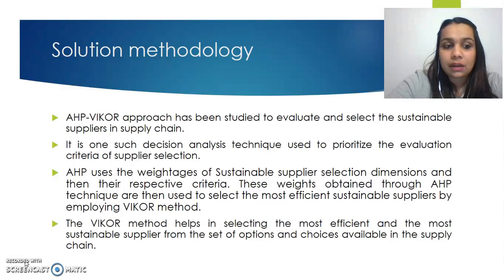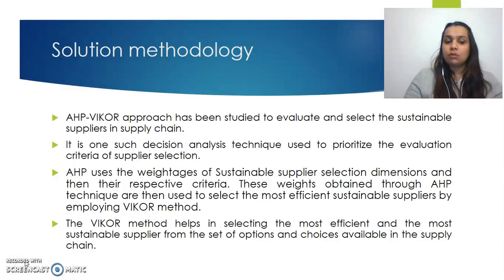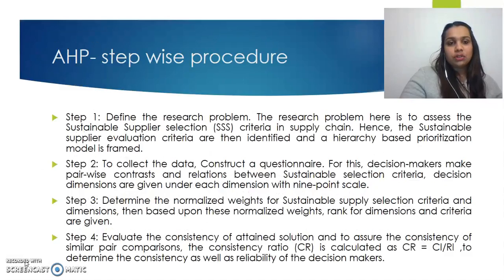These weights obtained through the AHP technique are then used to select the most efficient and the most sustainable supplier by employing the VIKOR method. The VIKOR method helps in selecting the most efficient and the most sustainable supplier from the set of options and choices available in supply chain.